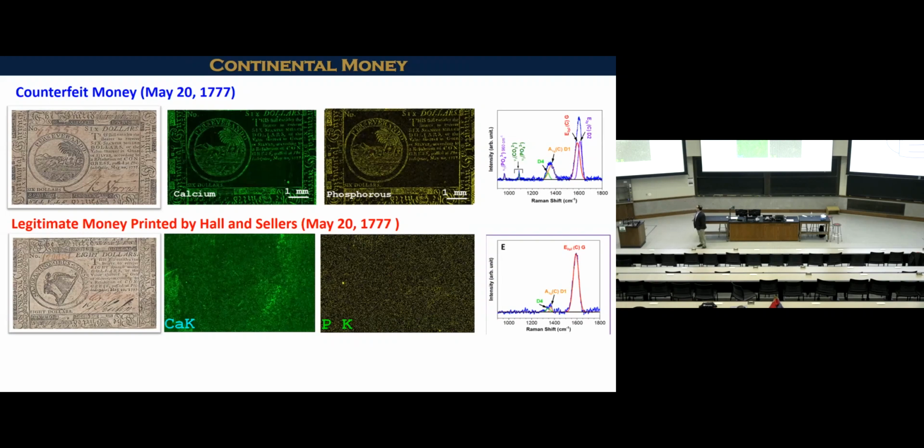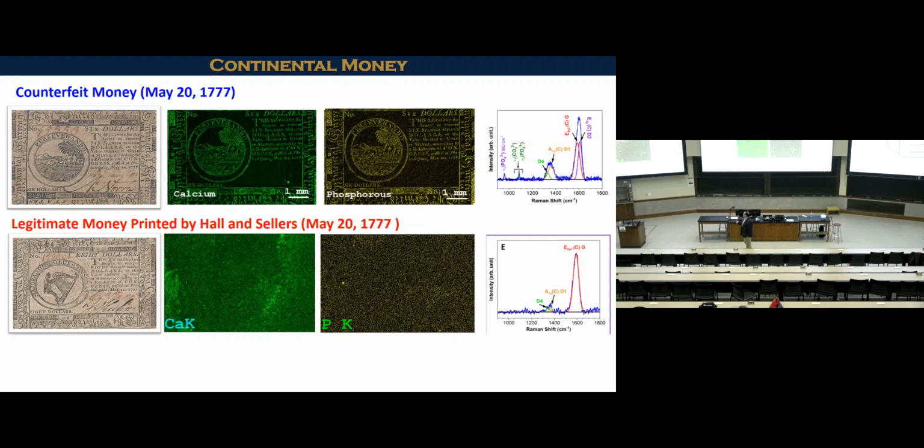But during the Revolutionary War, when they printed continental money, the British dumped lots of fake currency in the American colonies. And we can see that this is the legitimate paper money printed by Hall and Sellers. And what we see here, this black pigment, is mostly carbon, graphitic carbon, determined by Raman spectroscopy.